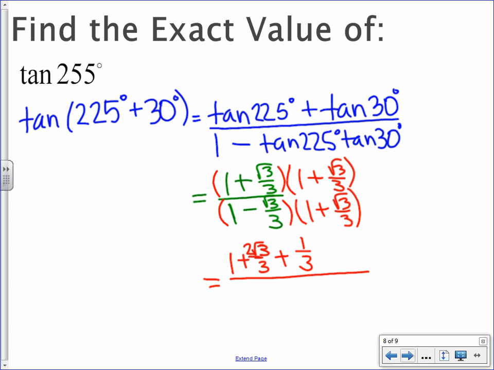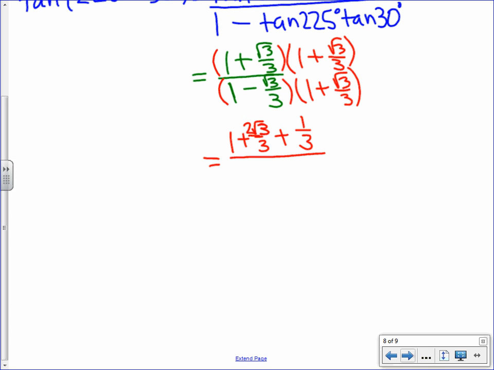Okay, then let's talk about our denominator. Our denominator, we have 1 times radical 3 over 3, negative radical 3 over 3 times 1. Those cancel out, and so we're left with minus 1/3. Okay.